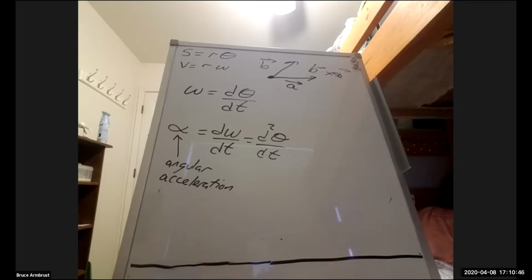Okay, so let's go back to that clockwise, counterclockwise thing. Let's just say if alpha is positive, that means our omega is increasing. So let's think about if we already have positive omega, which means that we're rotating counterclockwise.